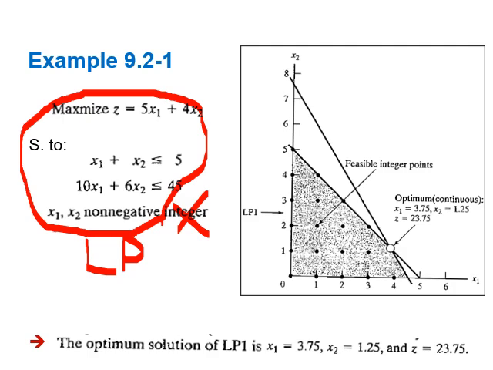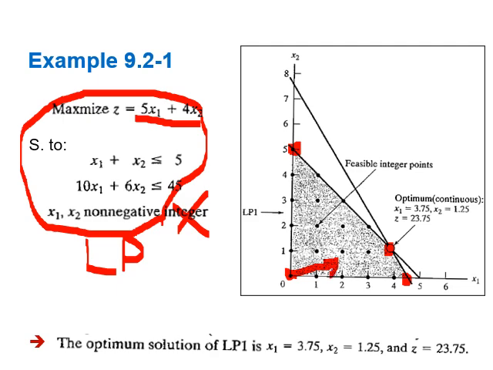Remember, for an LP, the optimum solution will be on one of the corners. So the optimum solution will be either this one, or this one, or this one, or this one. In order to understand which one is the optimum solution, you should look at your objective function. 5x1 plus 4x2 goes in this direction.